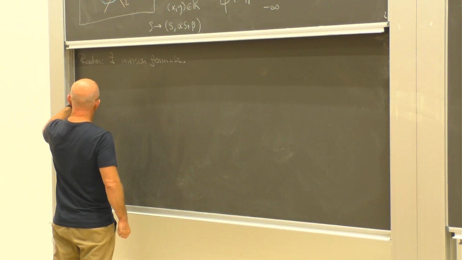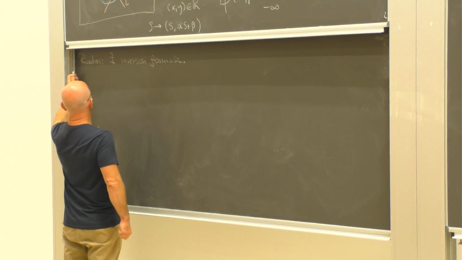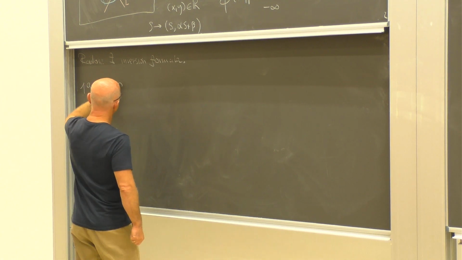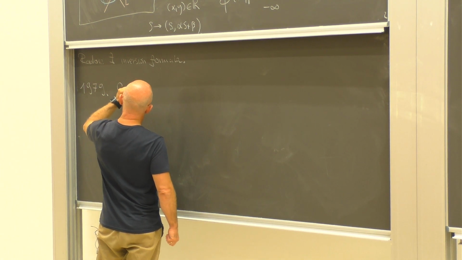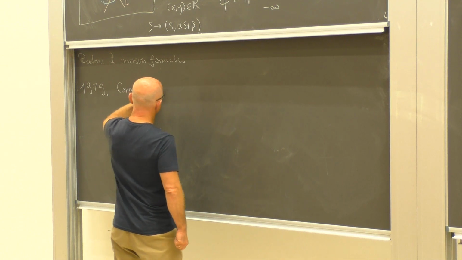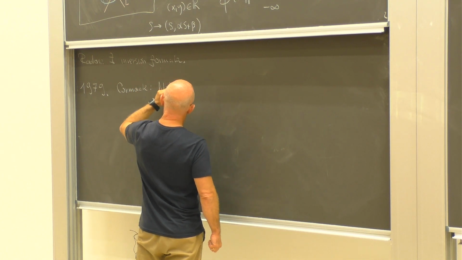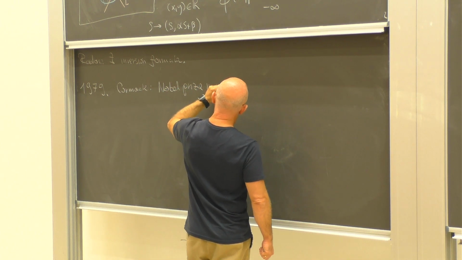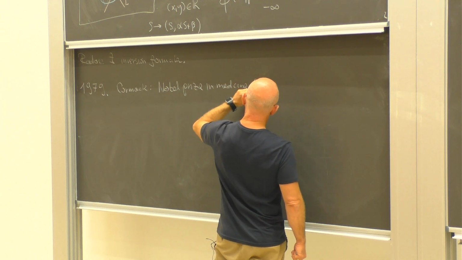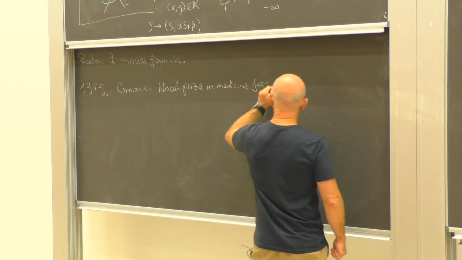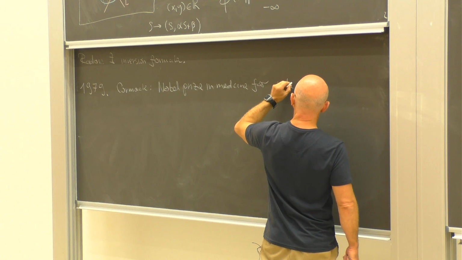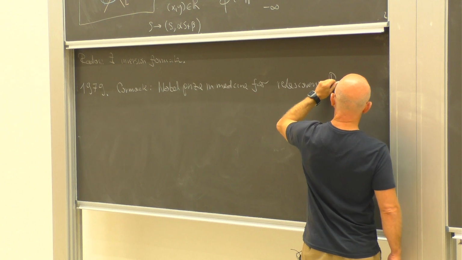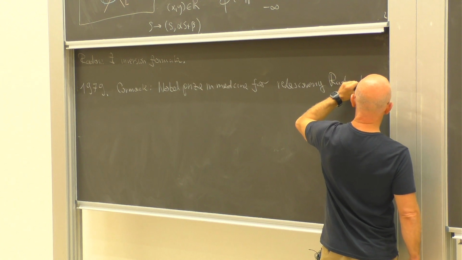So Cormack, I first give a year, so now I say 1979, Cormack gets a Nobel Prize in medicine for rediscovering Radon transform, Radon inversion, really.